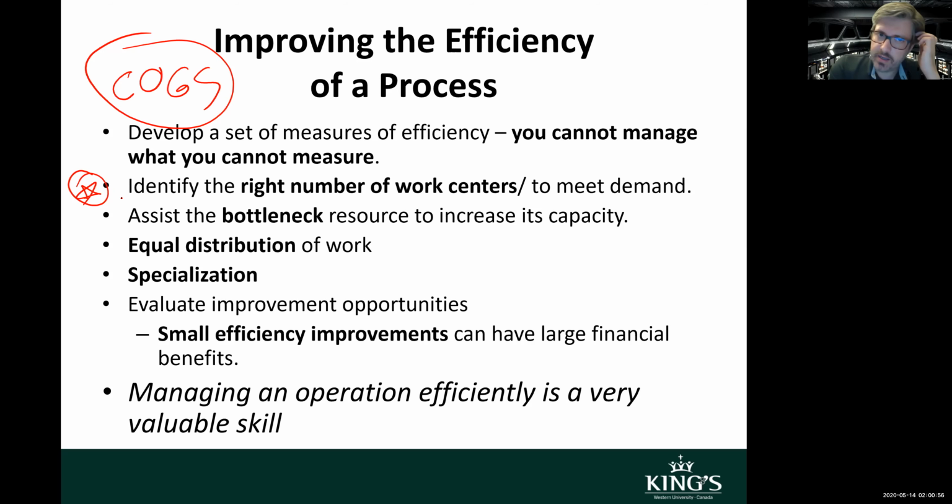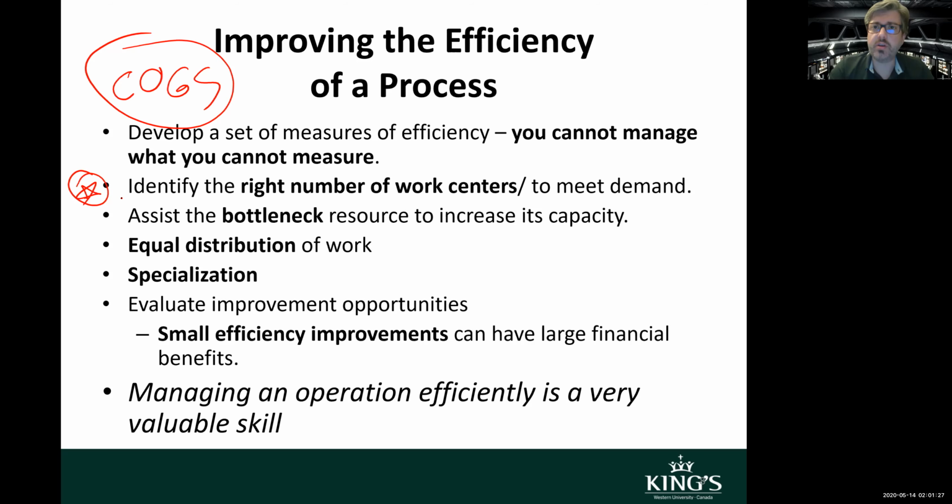Then you should be able to find bottlenecks. And whenever you do find bottlenecks, see if you can increase the capacity of that bottleneck somehow, either by acquiring better technology, by making it faster, by having more workers assigned to the bottleneck. So increasing capacity will help increase your flow if that is what you need to match your demand.